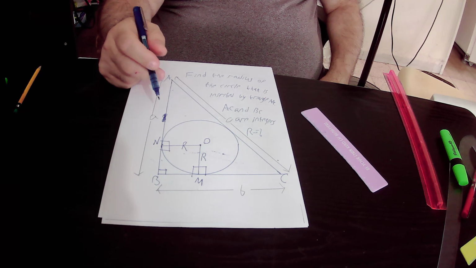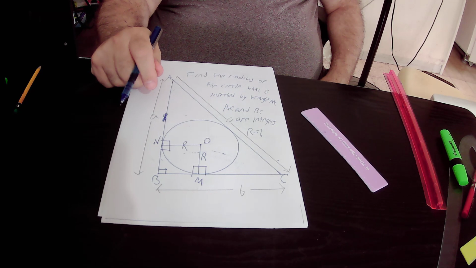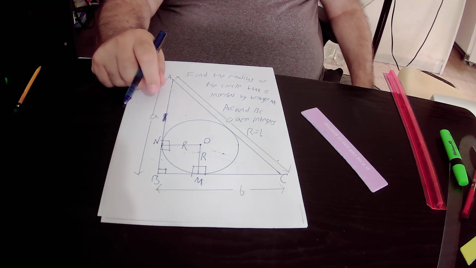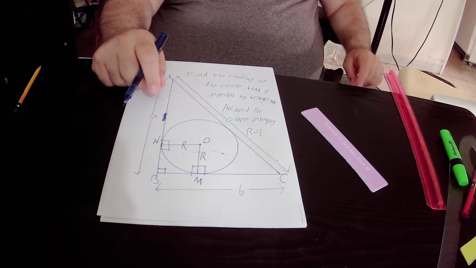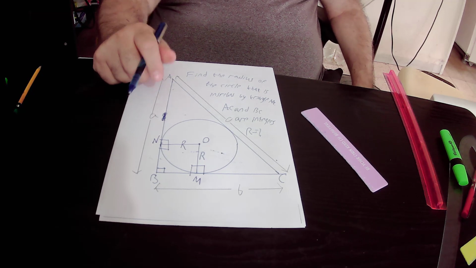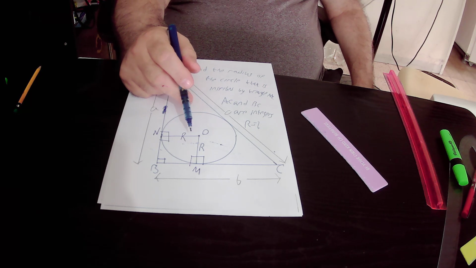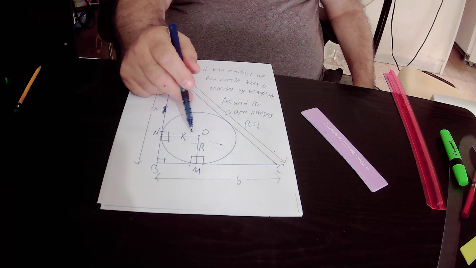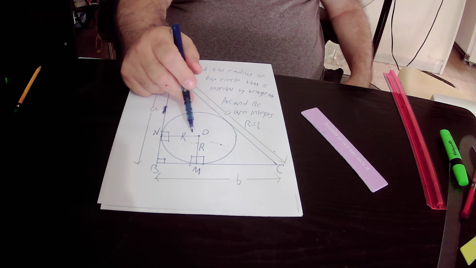So in quadrilateral NOBM, we have 3 right angles, each equal to 90 degrees. The sum of 3 right angles is 90 times 3, which is 270 degrees, plus the size of the fourth angle, that is angle NOM. In total, the sum of those 4 angles must be equal to 360 degrees, according to the rule that the sum of the angles in any quadrilateral is equal to 360 degrees.